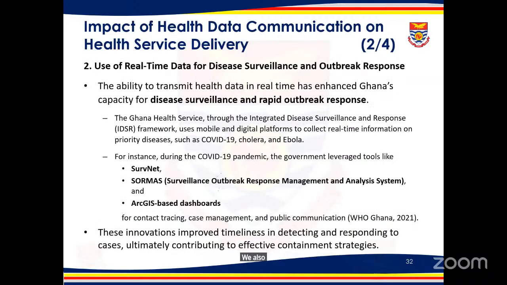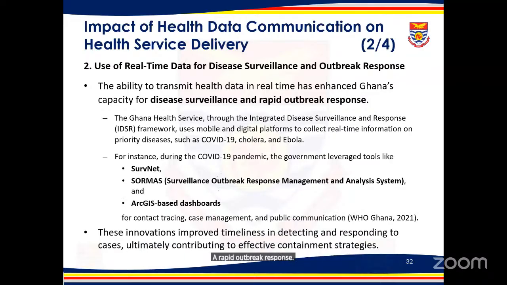We also have the use of real-time data for disease surveillance and outbreak response. Here, the ability to transmit health data in real time has enhanced Ghana's capacity for disease surveillance and rapid outbreak response.